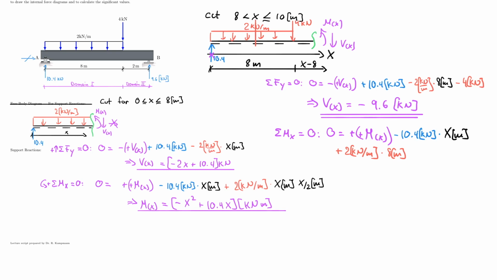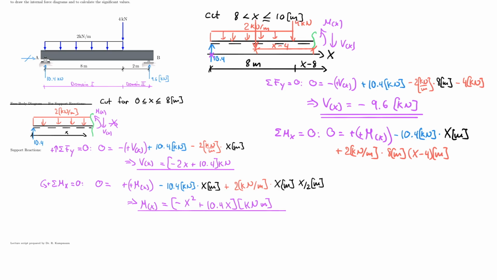That means that I need another distance, which is really the distance from here to there. And that distance is really equal to x minus 4, right? So this is x minus 4 meters. So I can use that now and multiply this here by x minus 4, and that is in meters. And that concludes the distributed force.